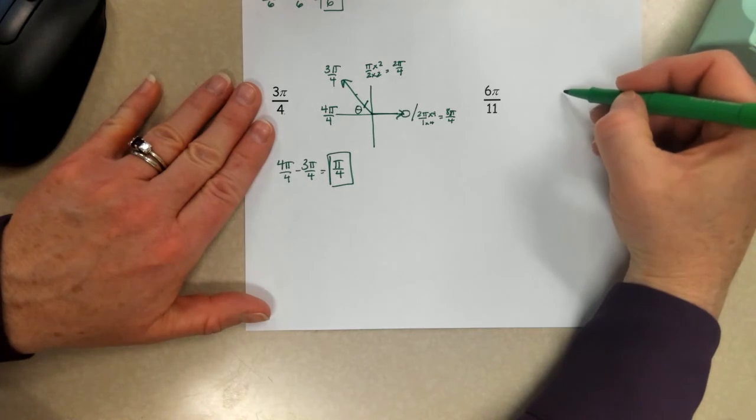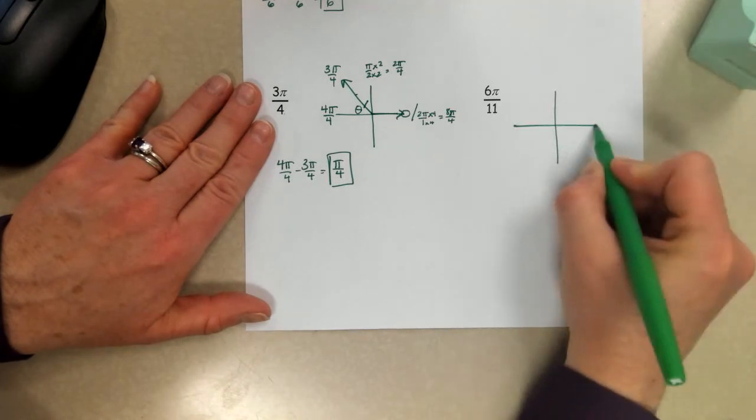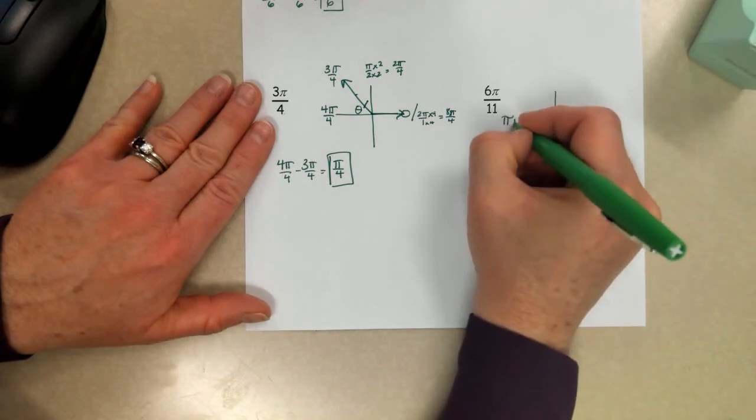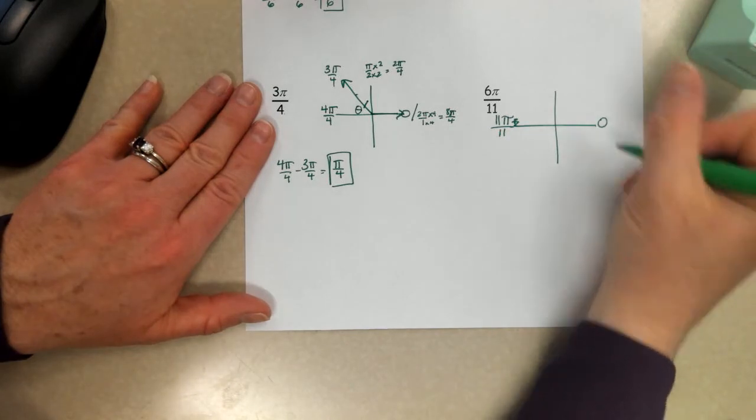Last one for good measure. So 0. 11 pi over 11. I turned my 11 into a pi, didn't I?